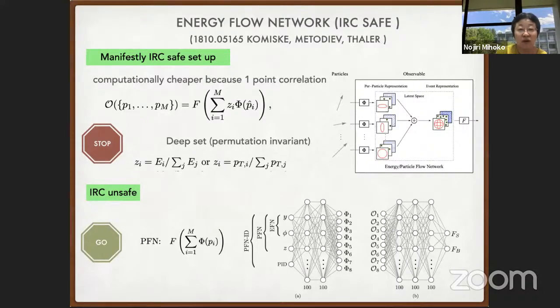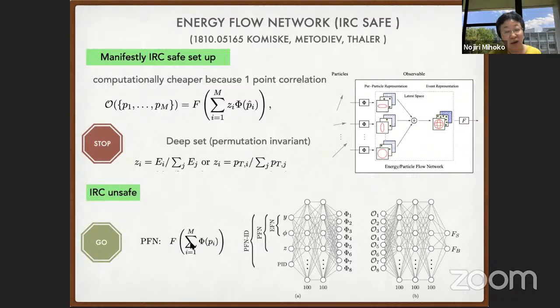For example, this is a typical example of an IRC safe setup. This phi is a function which only depends on the angle to the jet center, and this z_i is a fraction of energy. For this kind of one-point correlation, if we restrict the output to be linear in energy, then you can get the IRC safe relation.